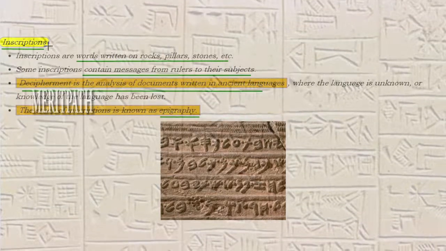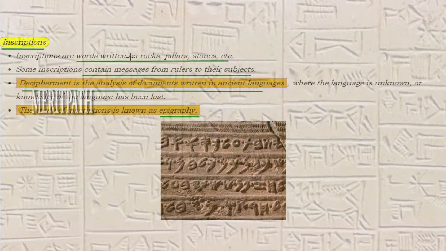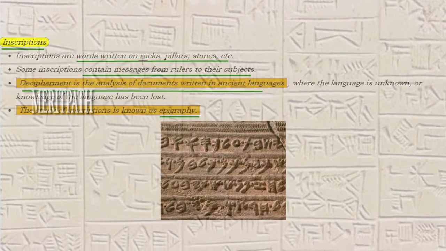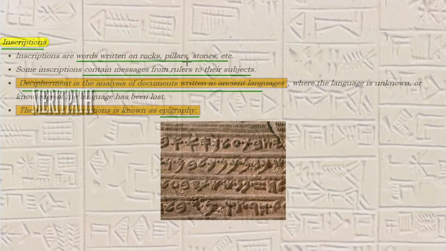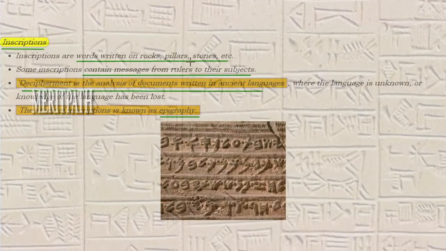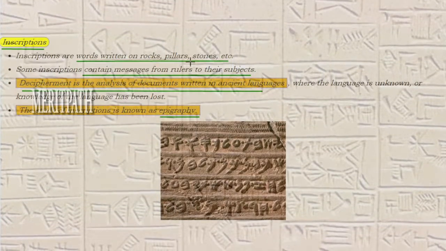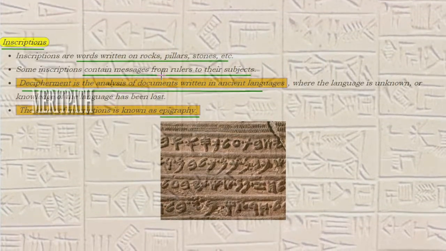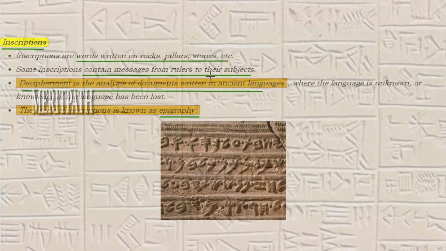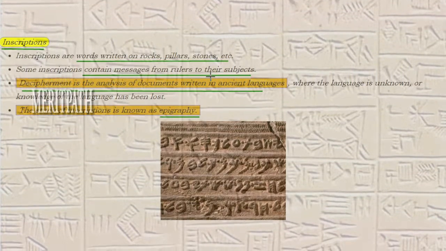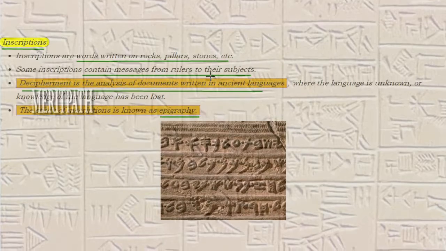Next is inscriptions. Inscriptions means words which are written on rocks, pillars, stones, etc. So what does an inscription actually mean? They contain messages from the rulers to their subjects. So from the king to the common people, it contains messages.